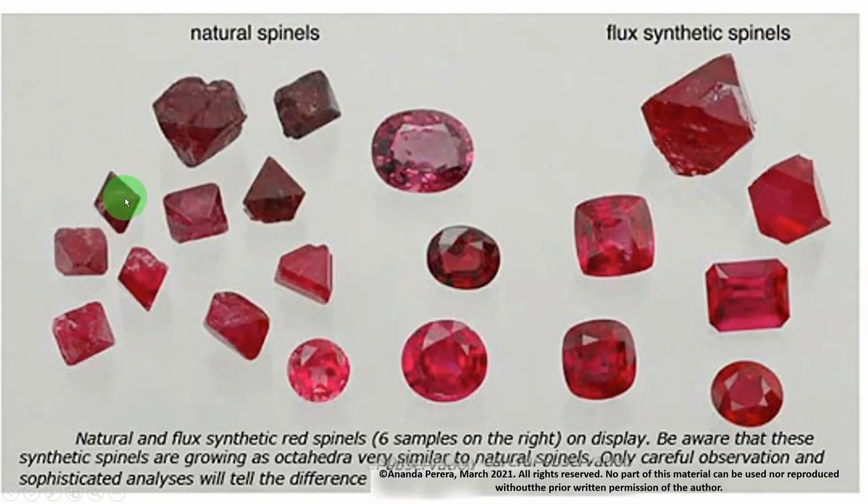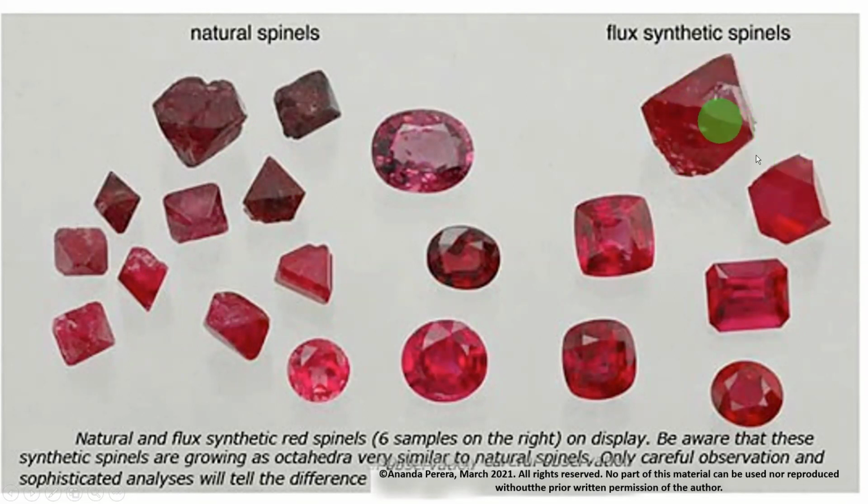There are 8 sides. One plane is triangular shape. 8 sides. That is the crystal shape of the spinel crystal. So remember that synthetic spinels are also created with 8 sides like this.